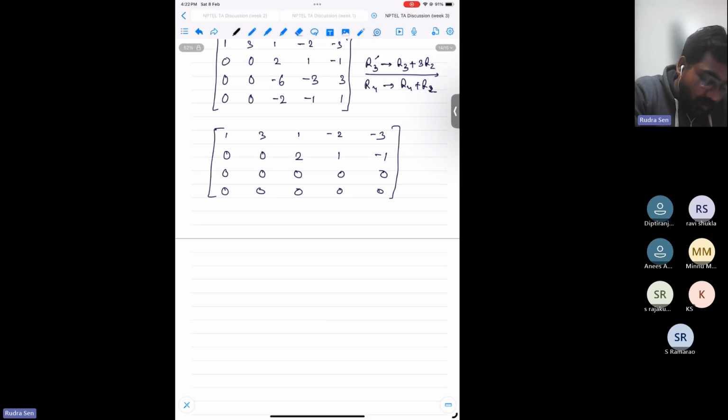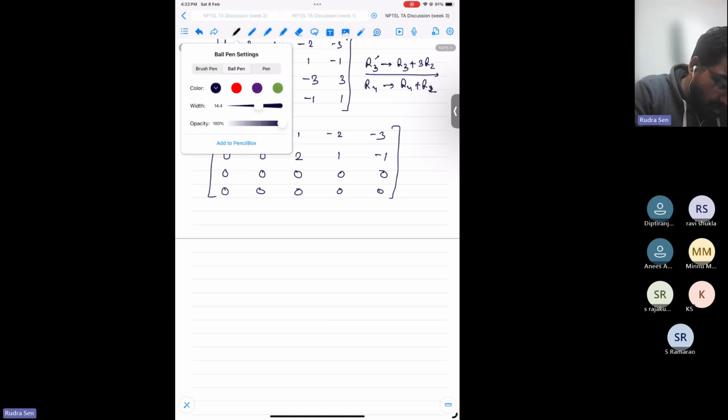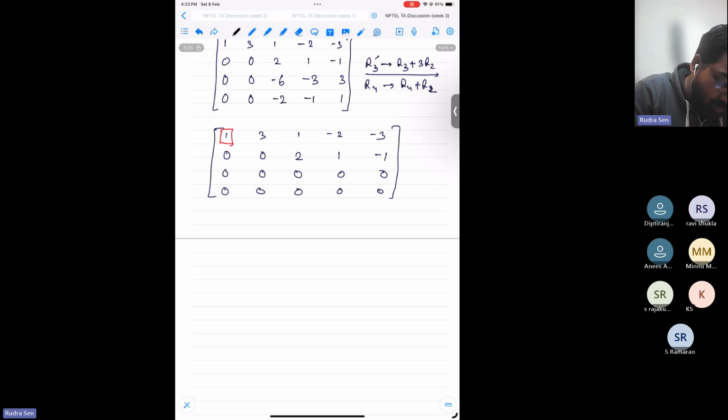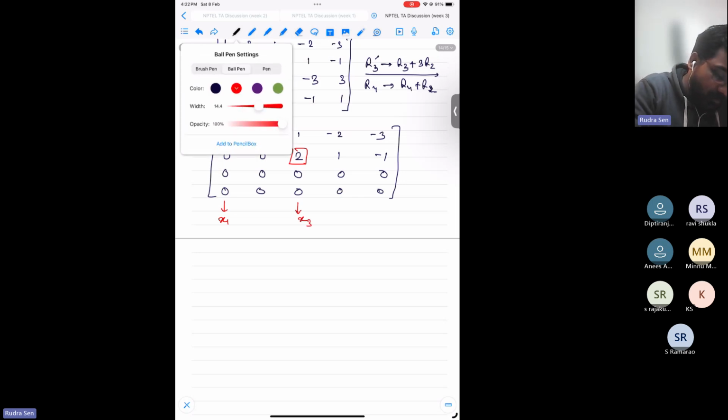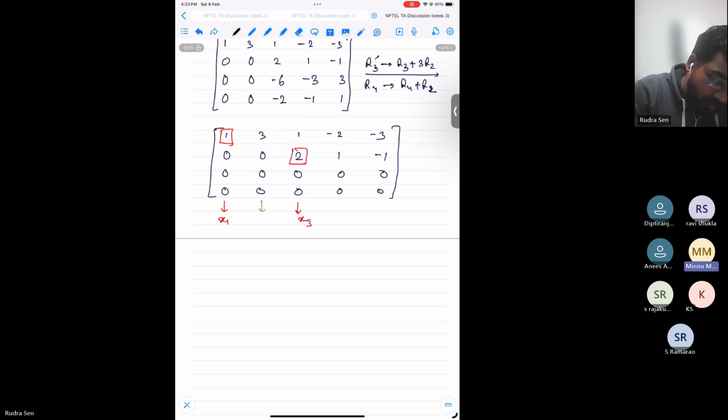So there are two pivots, right? You can see here two pivots, that is x1 and x3, and there are three free variables, x2, x4, and x5.